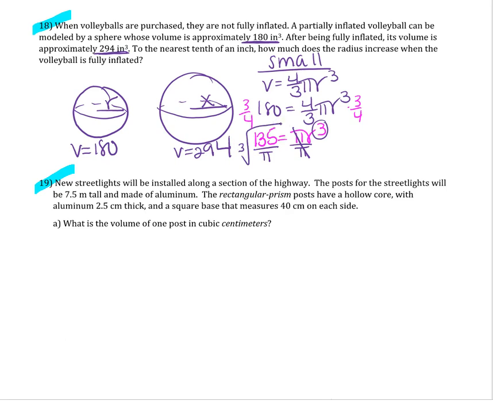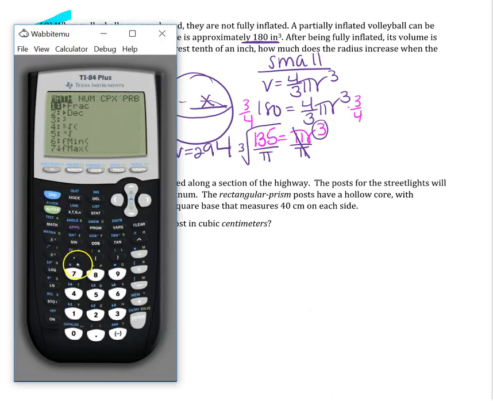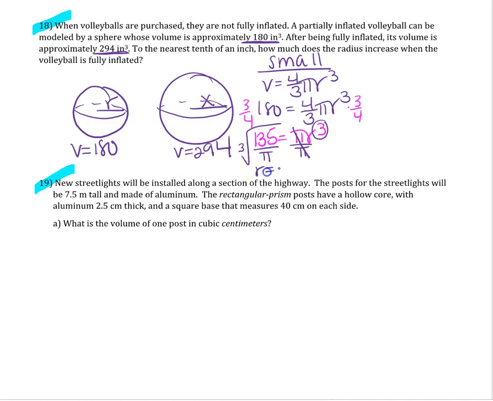Okay, so in my calculator, math option 4, 135 divided by pi. Okay, so our radius is about 3.502. Notice I'm not rounding yet.